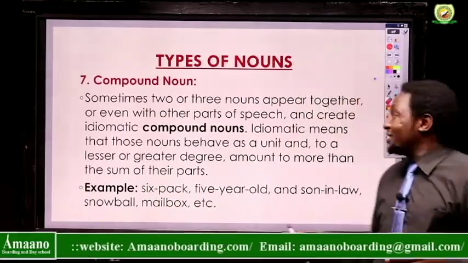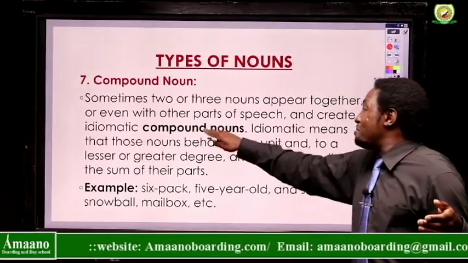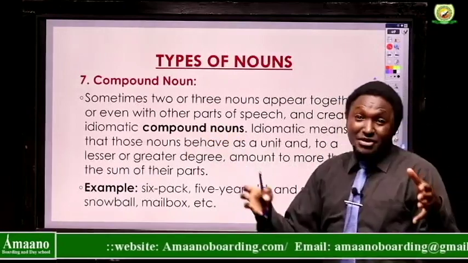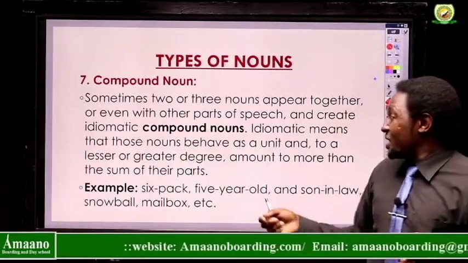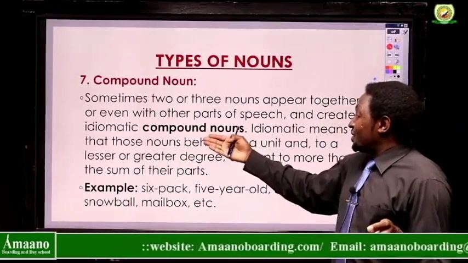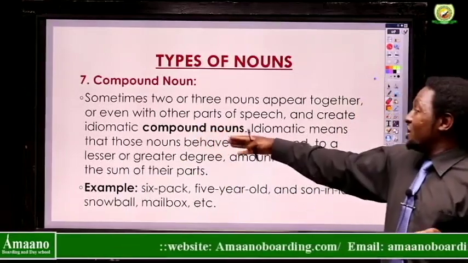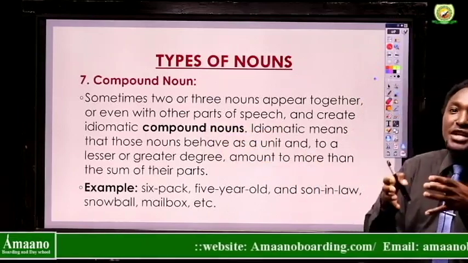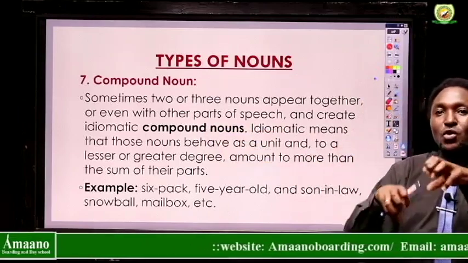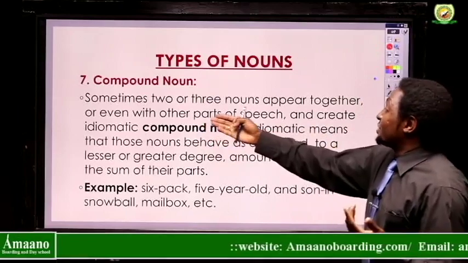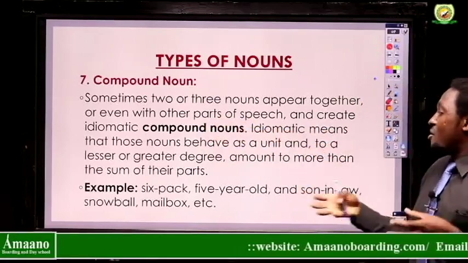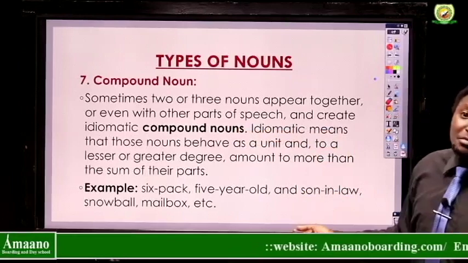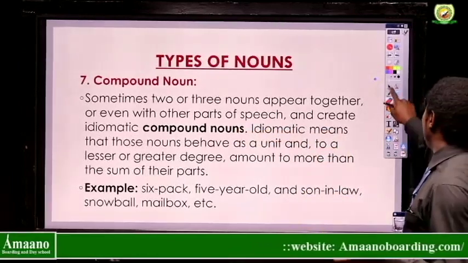You see, those words are compound nouns. Compound, like even in chemistry, we have compound. We use the word compound to mean that you have more than one thing to make one. You combine 2 or 3 to make one. So those words that are combined to make one, like goalkeeper, shopkeeper, those are compound nouns.